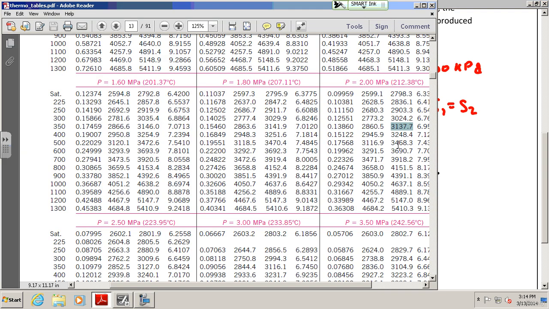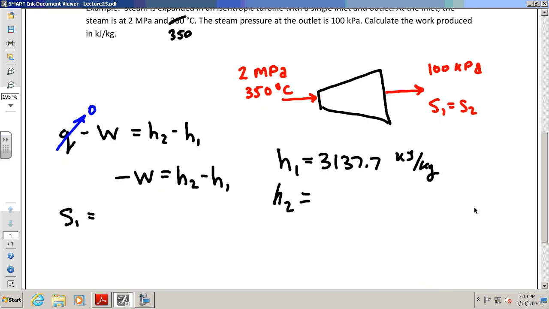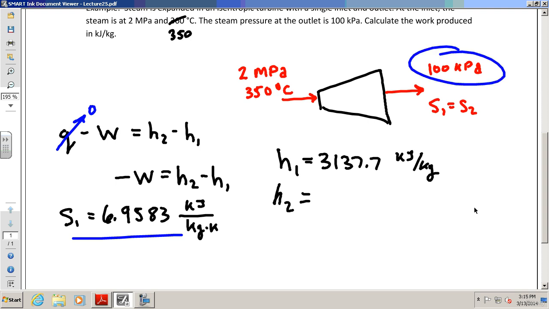My entropy at state 1 is right there, 6.9583, and the units are kilojoules per kilogram K. That means that when I look up H2, I'm going to use that pressure, 100 kilopascals, and look for where the entropy is 6.9583.